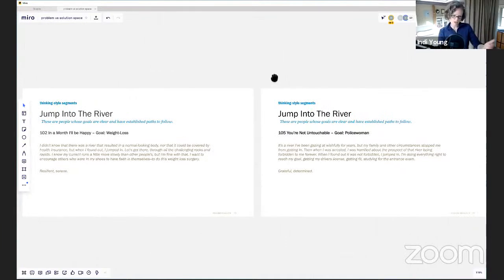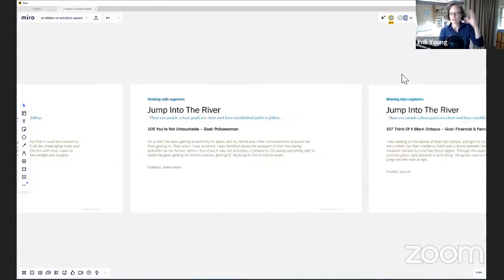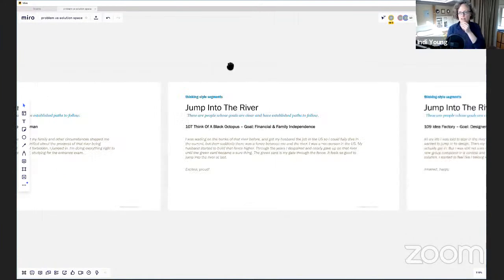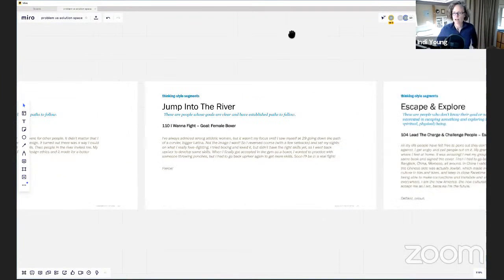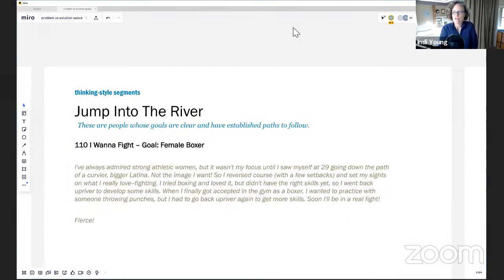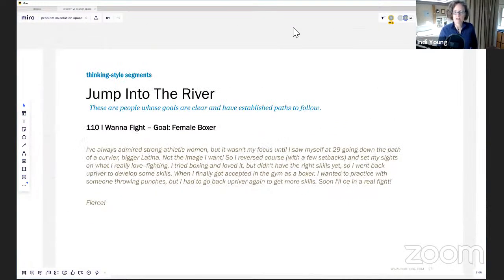She knows there's a female boxer in the Olympics, and so she was using that as her model. Another person wanted to do weight loss surgery. And even though her family did not support it, she knew a lot of other people who had done it and had been talking with them. Another person was disabled in a wheelchair and wanted to become an activist. So personal identity change. There was a bunch of other ones.